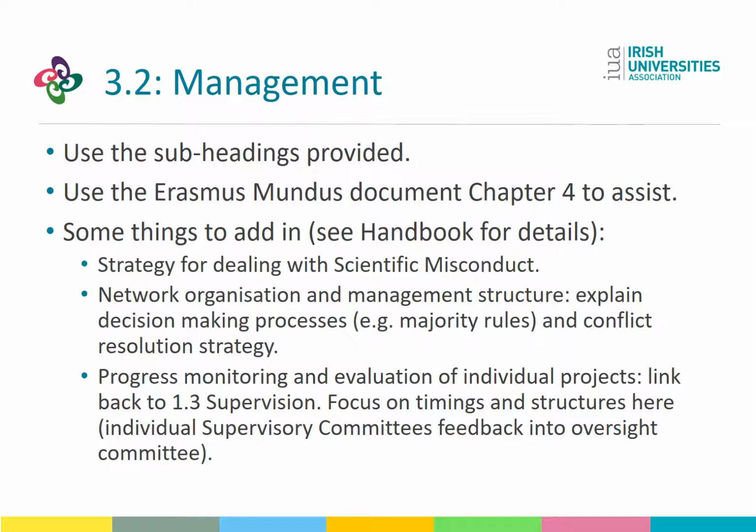Also, you will be asked to define the progress monitoring and evaluation of individual projects, and these can link back to what you will have written in section 1.3 under supervision. Focus on timings and structures here, and individual supervisory committees will feed back into the oversight committee, which will again include the harmonization and coherence of the supervision and monitoring process across.